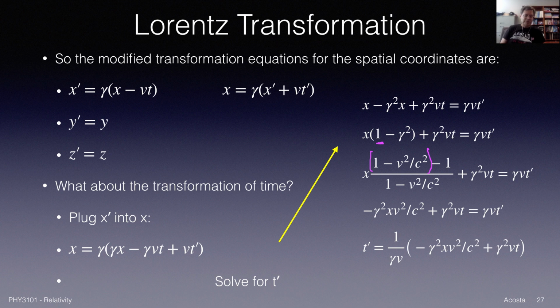So now let's try to divide by gamma v everywhere to isolate t prime. So I have t prime equals 1 over gamma v, and then the stuff on the left here, the minus gamma squared x v squared over c squared plus gamma squared vt.